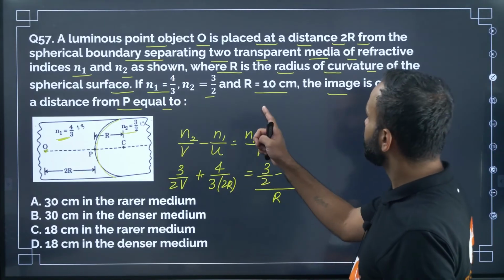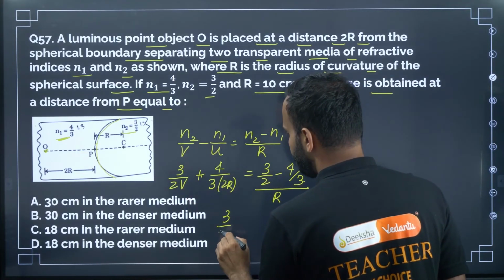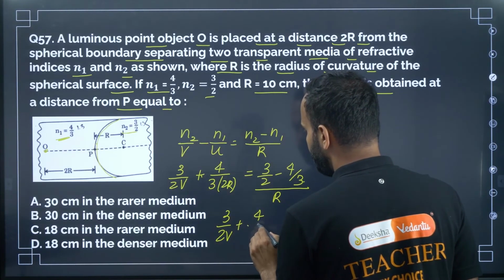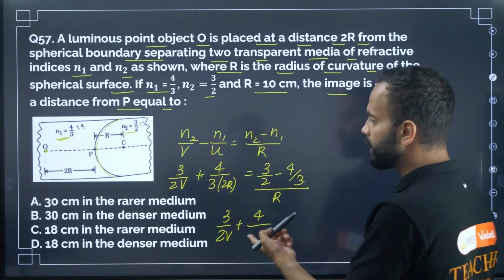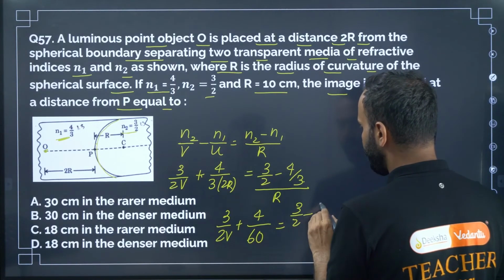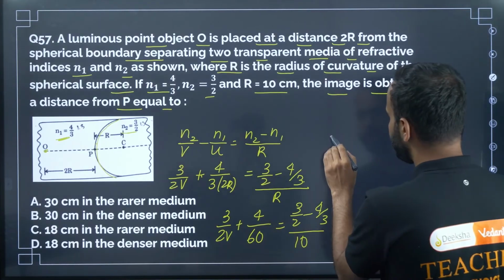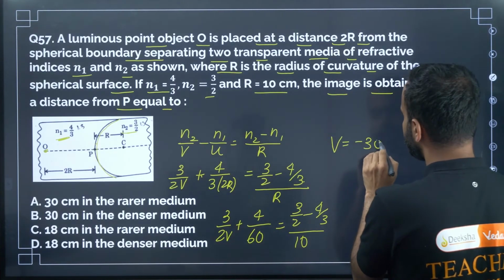Here n2 is 3 by 2, and r equals 10 centimeter. Now substitute the values. So 3 divided by 2v plus 4 divided by 3 into 2, which is 6, 6 into 10 is 60, equals 3 by 2 minus 4 by 3 divided by 10. Now solve this. You will get v equal to minus 30 centimeter.